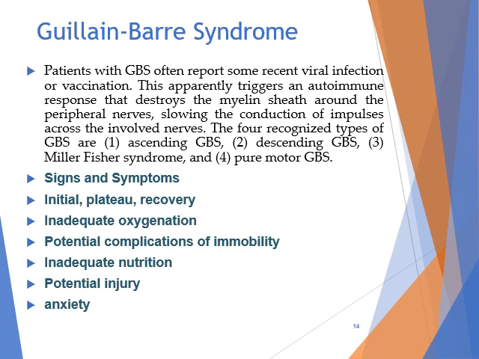So it starts at the feet and moves up. That's why inadequate oxygenation becomes very important in this syndrome, because this viral infection starts inflaming the myelin sheath from the bottom, goes up, and it went all the way up to her head.